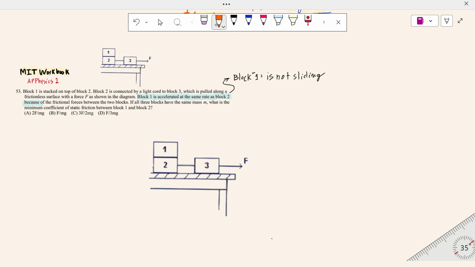Now the question is, if it is accelerating, which force is accelerating it? So dear students, this is the force of friction applied by block 2 on block 1. Block 2 is applying frictional force on block 1, which is accelerating this block, in this direction, because when you apply a force on block 3, block 1 can slide due to its inertia in this direction.